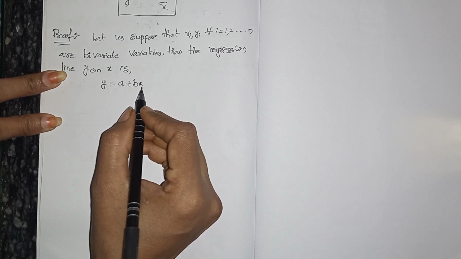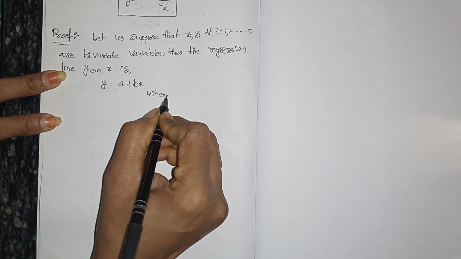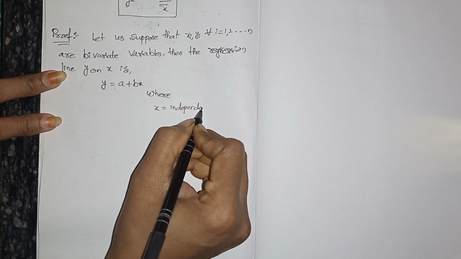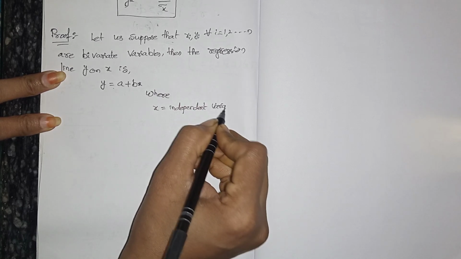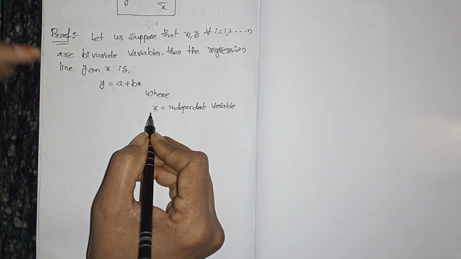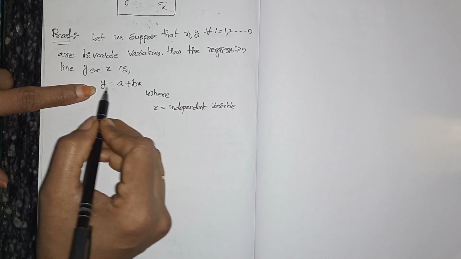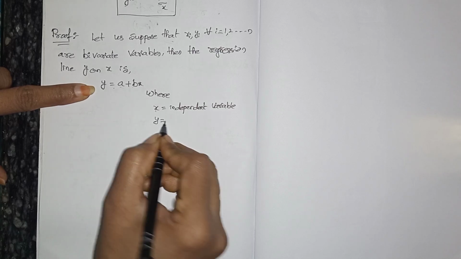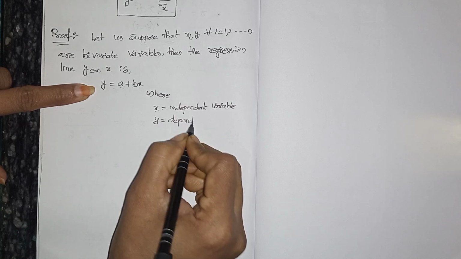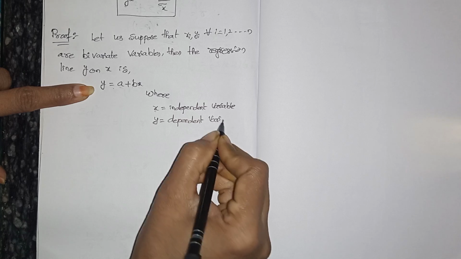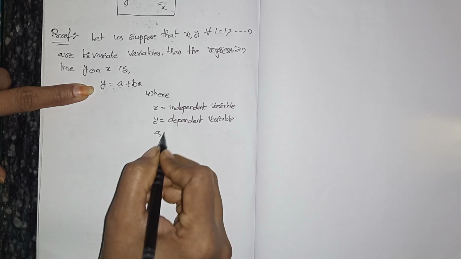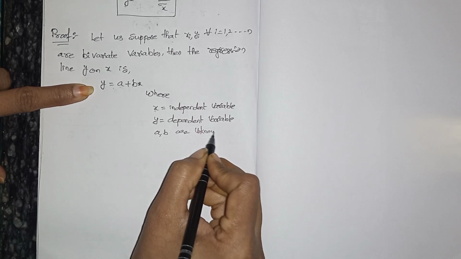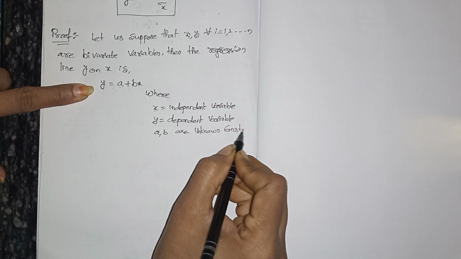Here x is the independent variable, that means whatever we want, we can substitute for x. But the y value depends entirely on a, b and x, so y is called the dependent variable. Next, a and b are unknown constants.